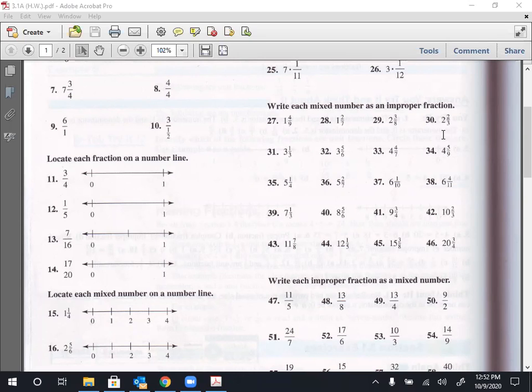This is your copies that he sent. Are you printing them out? Yep. Well, if you print them out, then you'll be able to use the markings, I mean the lines that he provided, or the textbook provided. So that's 3/4.